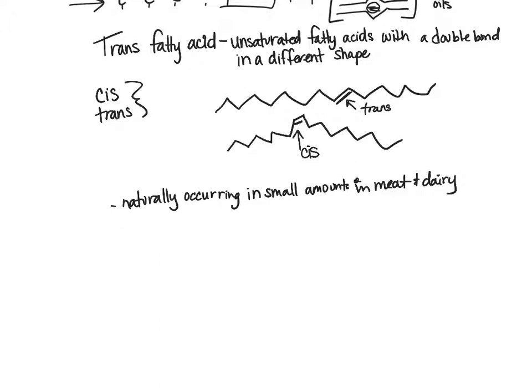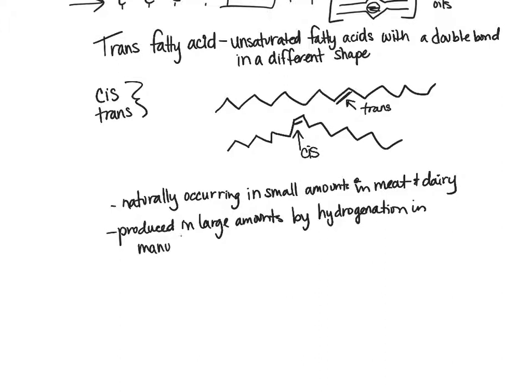Now they are produced, and the reason they're banned is because they're produced in large amounts by hydrogenation in manufactured food. So what they have done is they have taken this cis formation of unsaturated fatty acids, right?